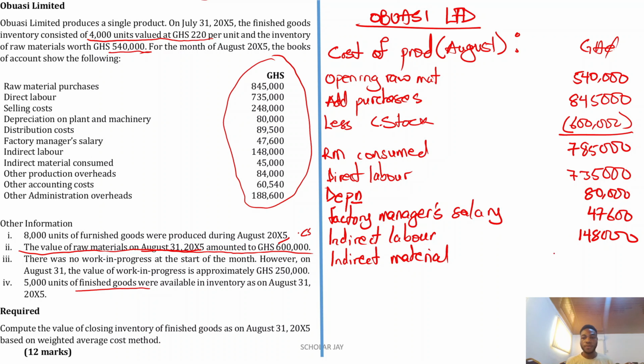Indirect material is also 45,000. Let me give you an example. With those materials, you cannot easily see them, right? Let's say you are into the production of furniture. You use glue to sometimes put together two different parts.